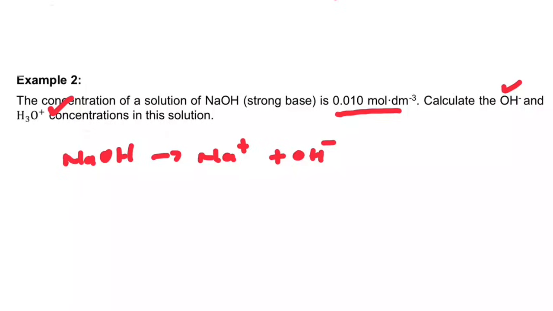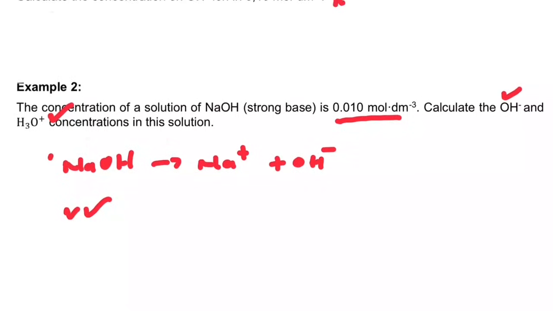Are the number of moles going to be the same? Well, the balancing coefficient of NaOH and OH- is 1. So the number of moles are going to be the same also, right? So the volume is the same, the number of moles are the same. So are the concentrations going to be the same? Yes, they should be, because concentration is just number of moles divided by the volume.